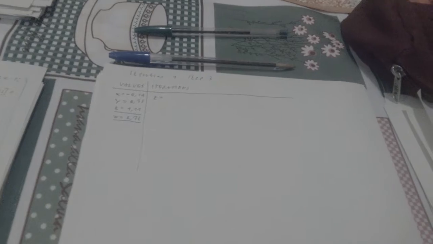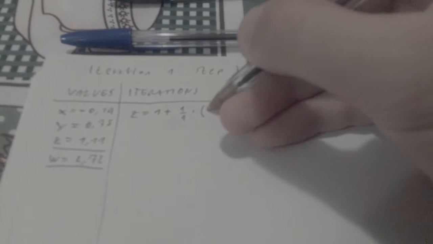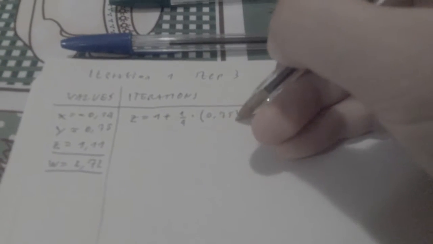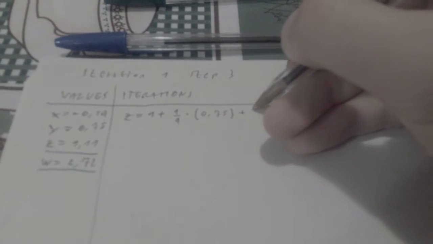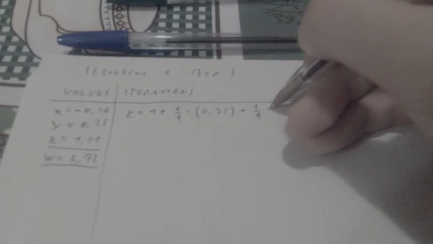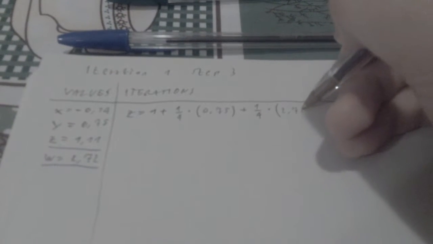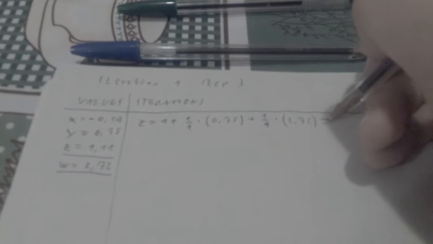Okay, so as I said, z is actually going to become 1 plus 1 over 4 times 0.75 plus 1 over 4 times 2.72.